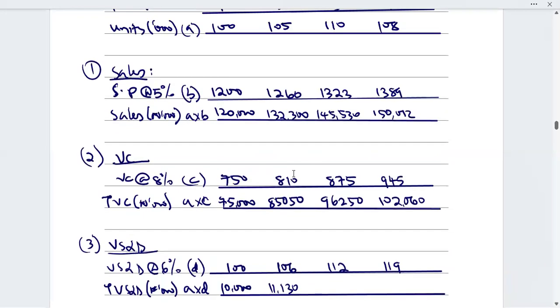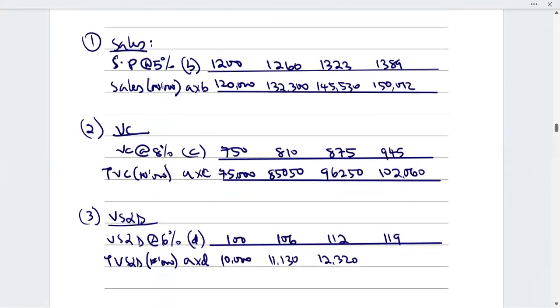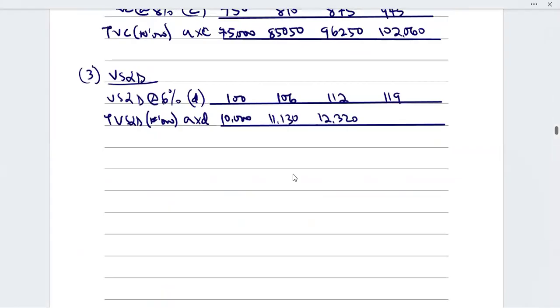Next one, 110 multiplied by 112 is 12,320. And the last one, 108 multiplied by 119 is 12,852.